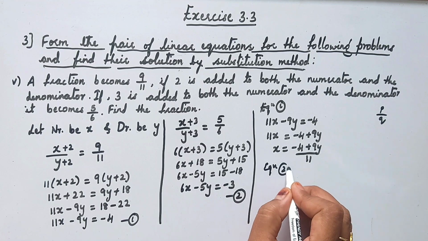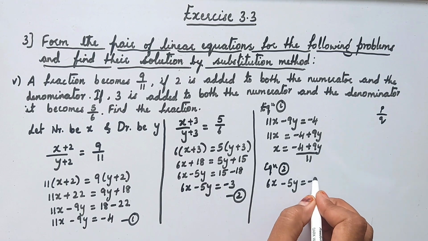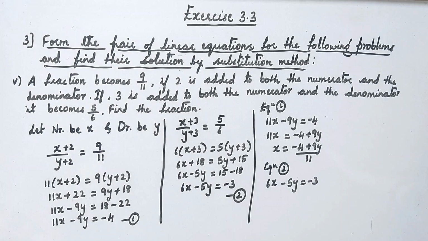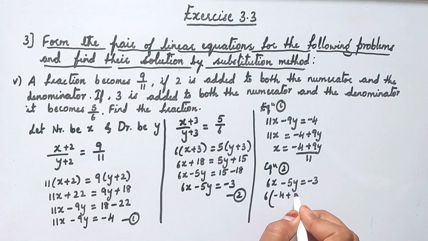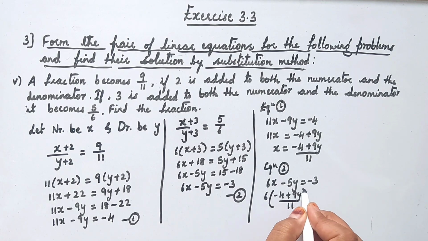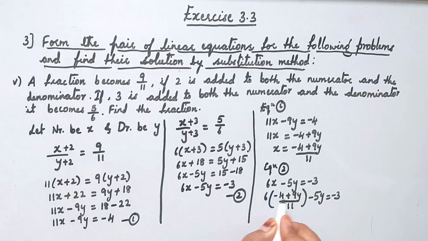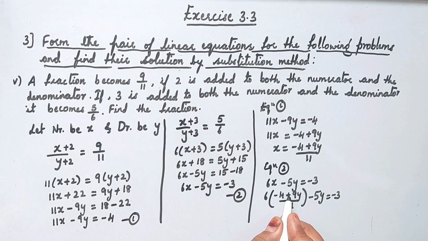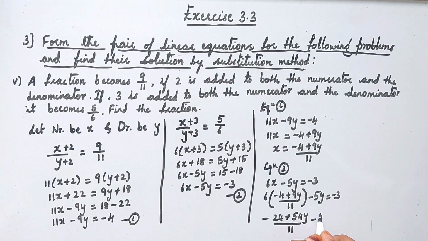Equation 2: 6x minus 5y equal to minus 3. 6 into x value, which is minus 4 plus 9y upon 11, minus 5y equal to minus 3. Now let me open the bracket. 6 is multiplied to both the terms here. Minus 6 4s are 24 plus 6 9s are 54y, divided by 11, minus 5y equal to minus 3.